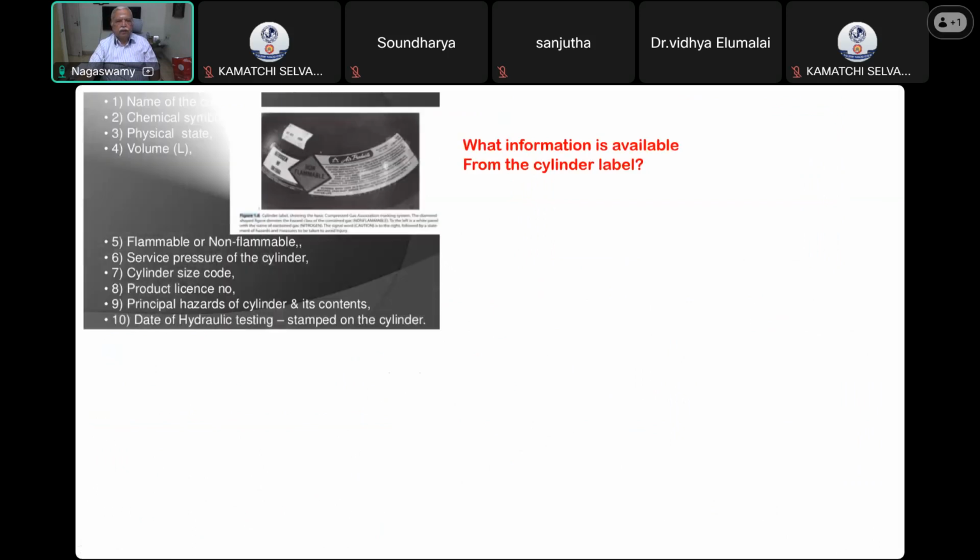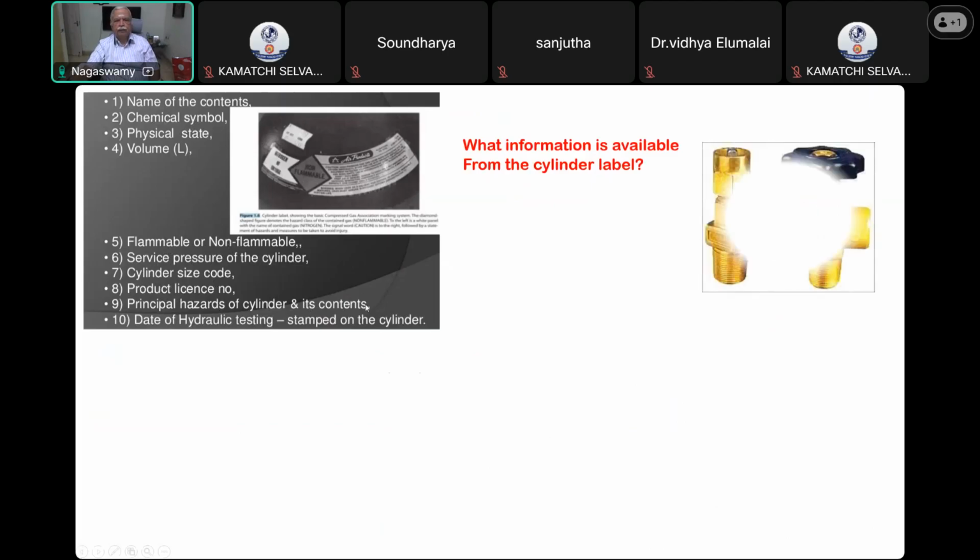This is the picture which shows the cylinder label. Sometimes they ask it in the exam; there are 10 points of information you can get: name of the content, chemical symbol, physical state, whether it is a liquid or a gas, total volume, whether it is flammable or non-flammable, service pressure of the cylinder, cylinder size code, product license number, principal hazards of the cylinder and its contents, and date of hydraulic testing stamped on the cylinder. All this information will be there.